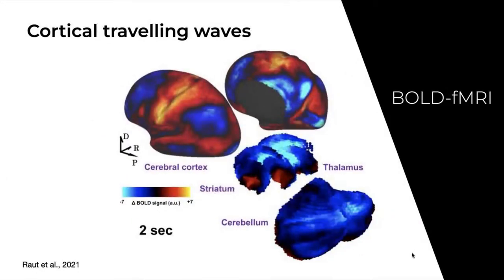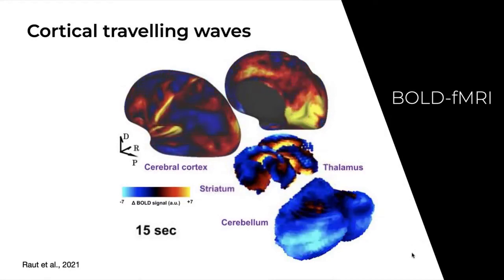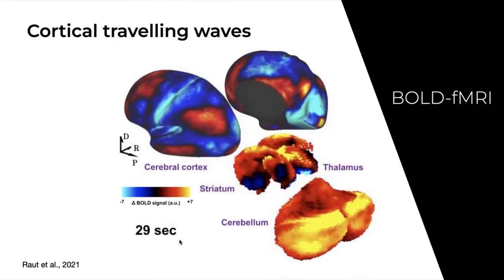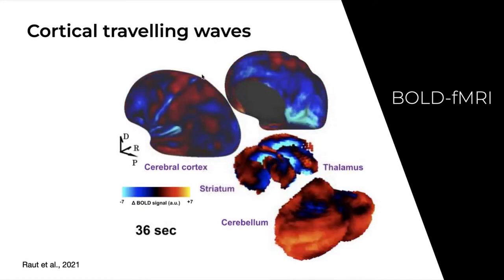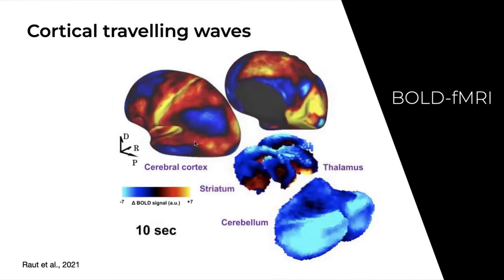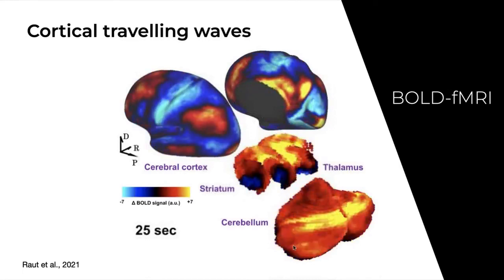And here, in a last example, we see actual BOLD fMRI traveling waves, and they have been found to be time-locked to arousal fluctuations. As you can see, in this study they found these waves in the cerebral cortex, striatum, thalamus, and the cerebellum.